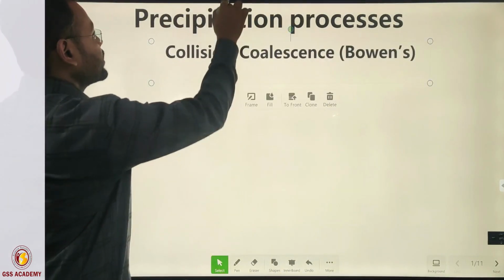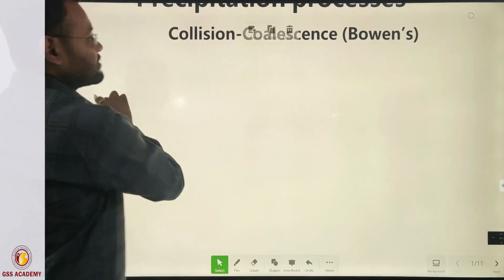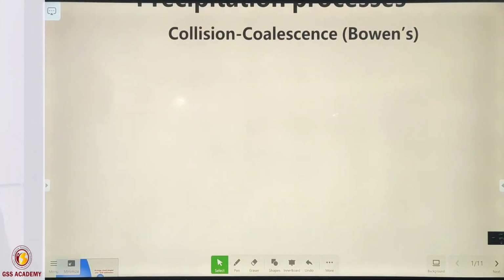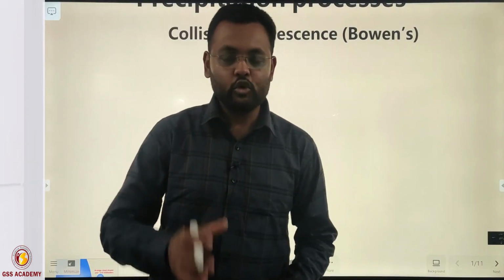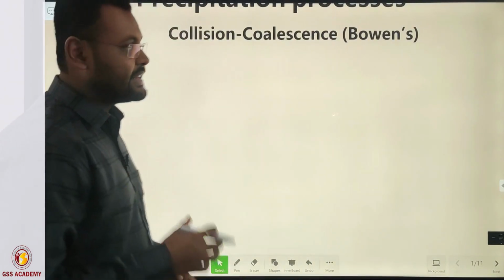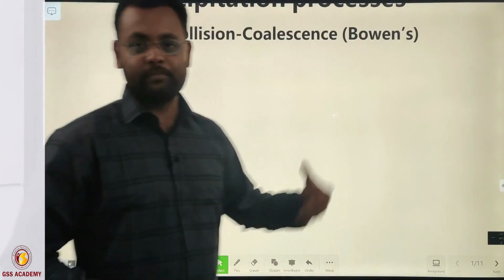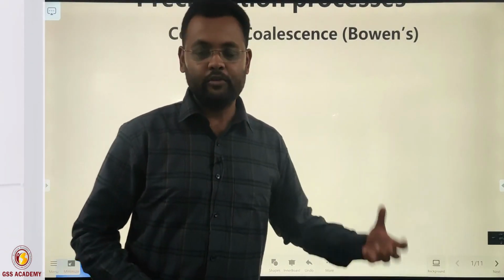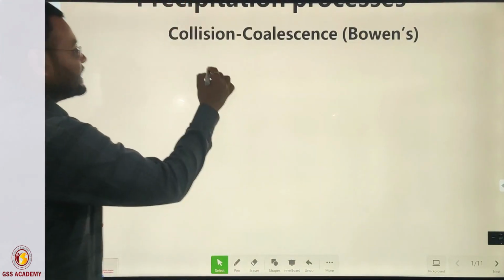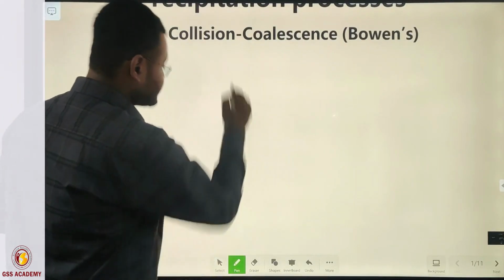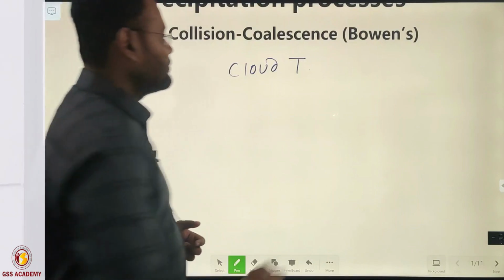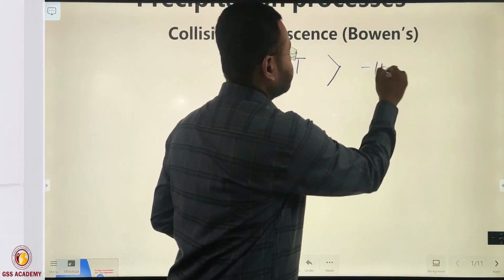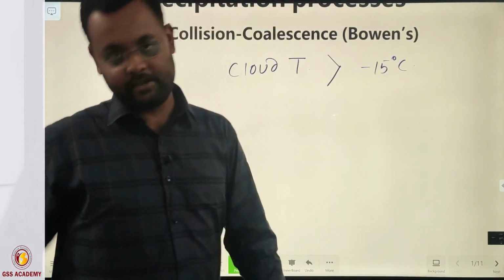First we will look into the collision coalescence process, also called Bowen's process. For this process to take place significantly in a cloud, so that cloud droplets as well as rain droplets will form, the cloud temperature must be greater than minus 15 degrees Celsius.